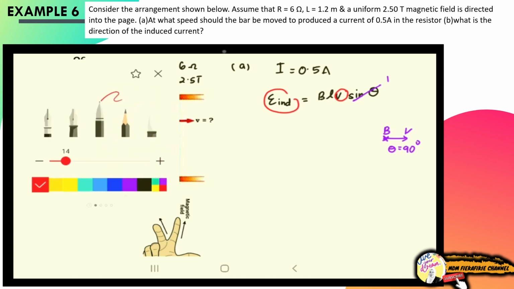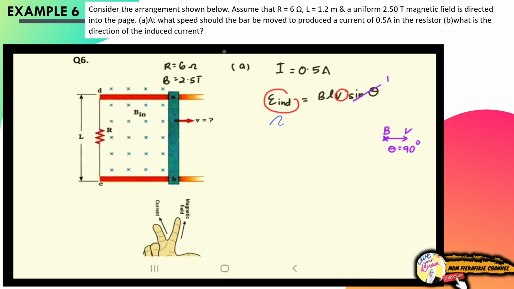Then we can write that induced EMF is equal to induced current times R. Therefore we can first find the value for induced EMF, or we can straightly substitute. EMF is equal to IR in this equation.